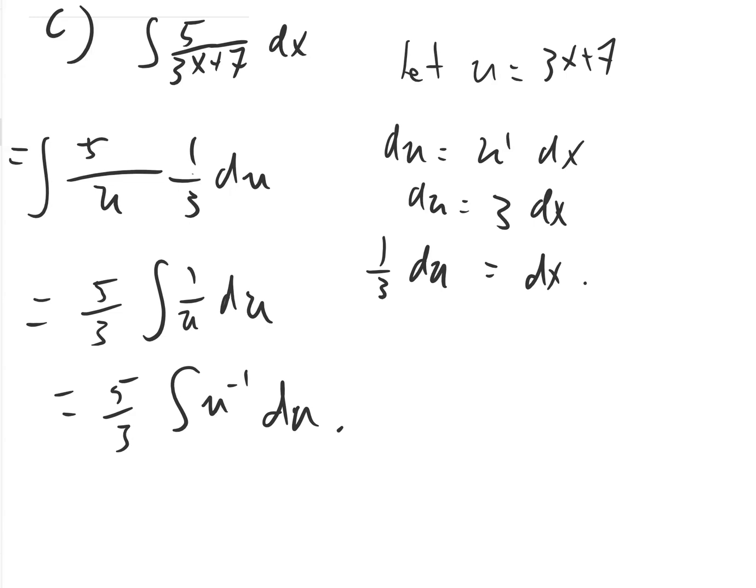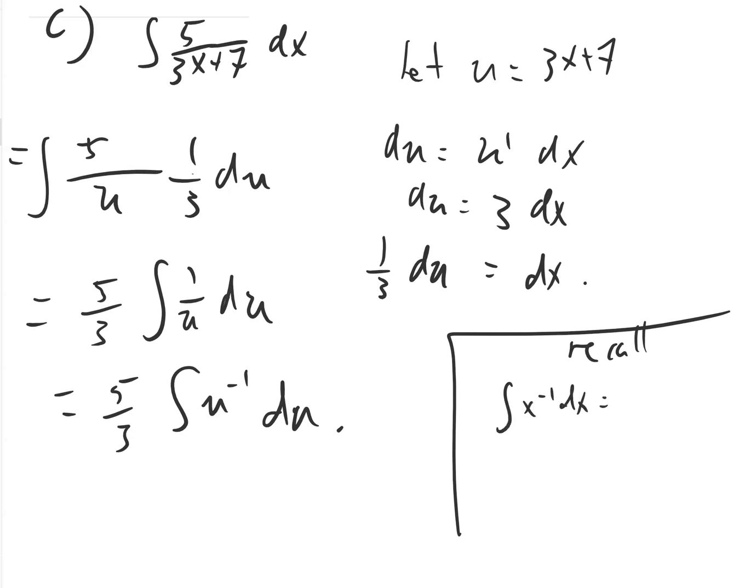So the power rule for integrating does not work when the exponent is equal to negative 1. So recall that the integral of x to the negative 1 dx is the natural log of the absolute value of x plus c, not x to the 0 over 0, which would be undefined.